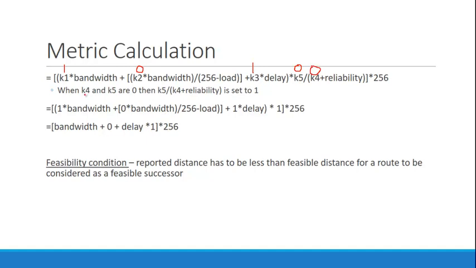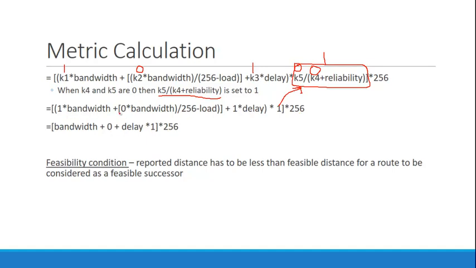Whenever K4 and K5 are 0, this part of the equation is set to 1. What that means is we have 1 times the bandwidth plus 0 times the bandwidth, divided by 256, minus the load, plus 1 times the delay, times 1, because that's the value here, times 256.